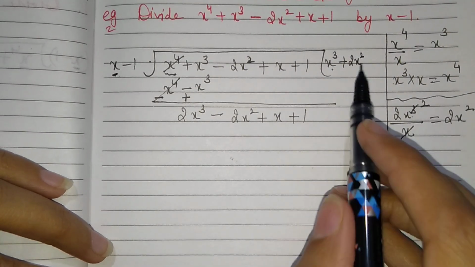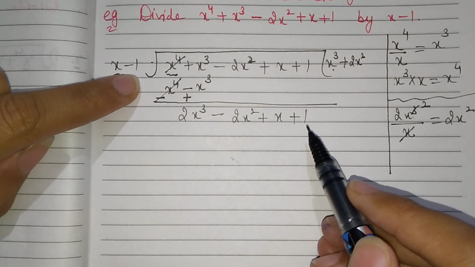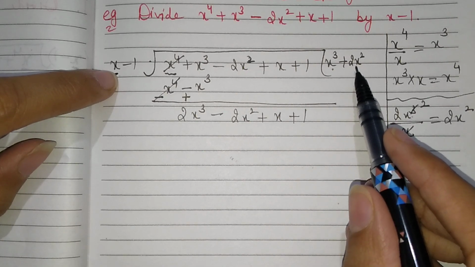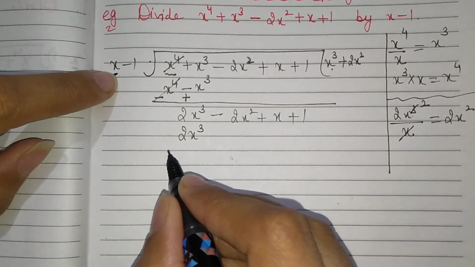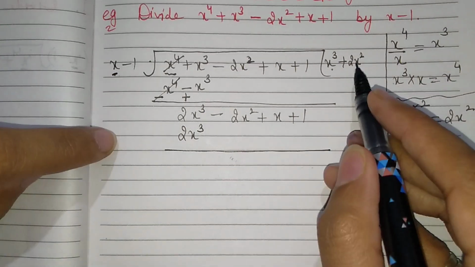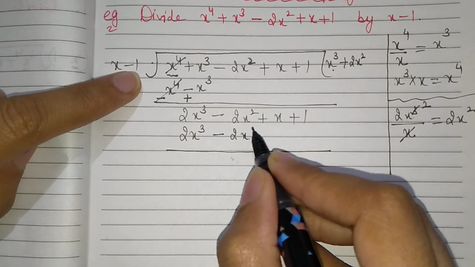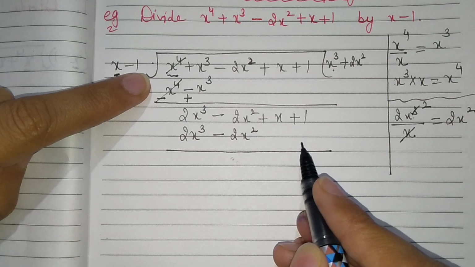Now next step is 2x square will be multiplied by x, then multiplied by minus 1. 2x square into x, what we get? 2x cube. Then 2x square into minus 1 will be minus 2x square. And further no term is there, so here also no term.